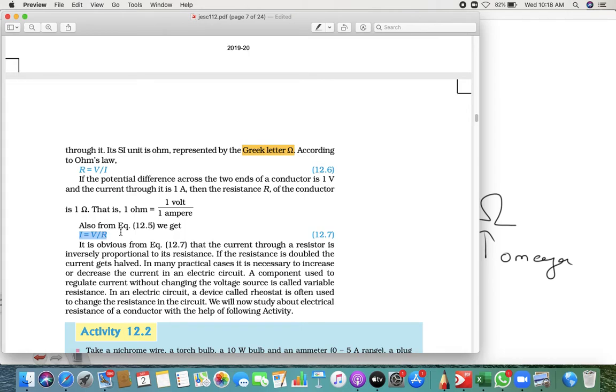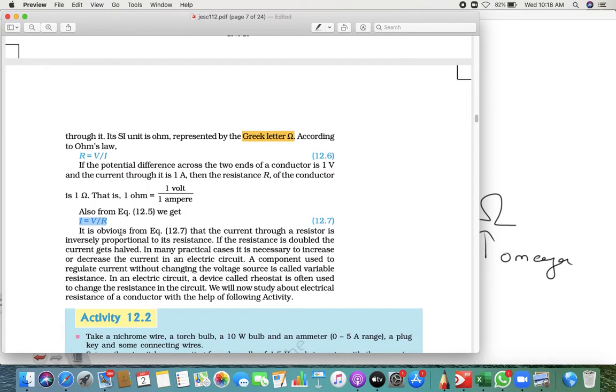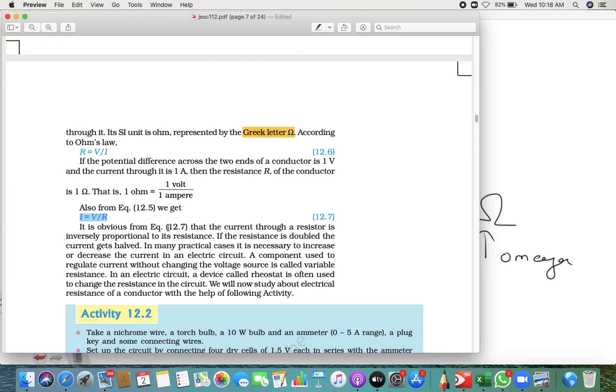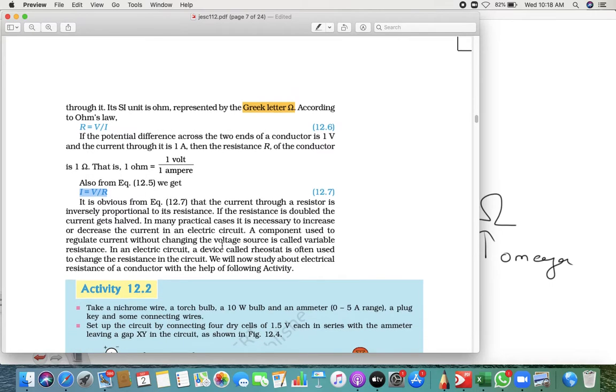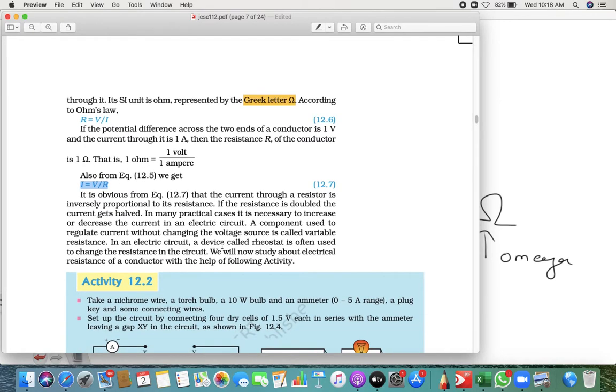Now the next thing we are talking about: it is obvious from the equation that the current through a resistor is inversely proportional to resistance. Second thing, if the resistance is doubled, the current will become half.